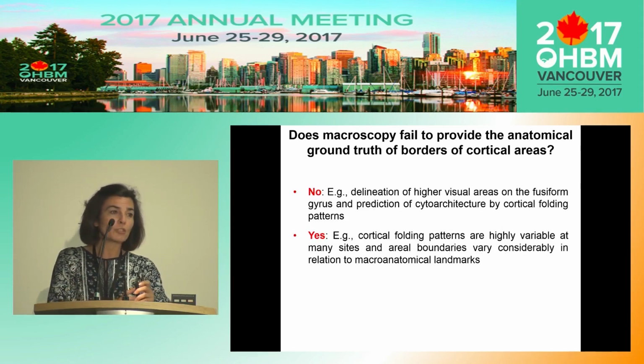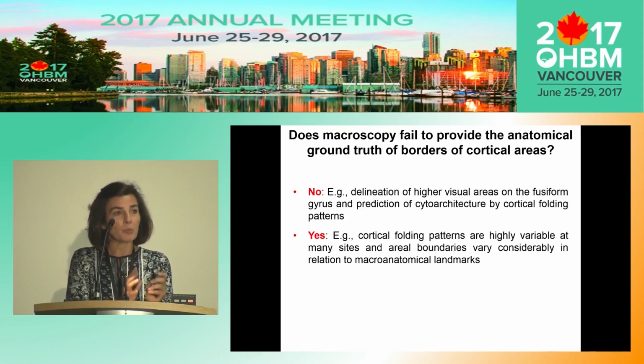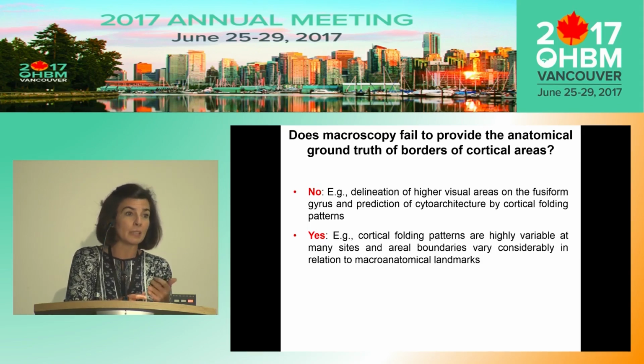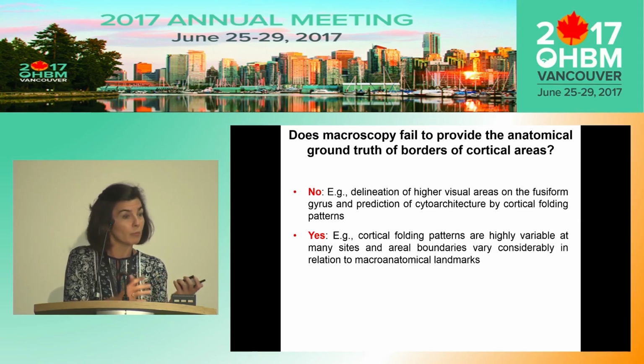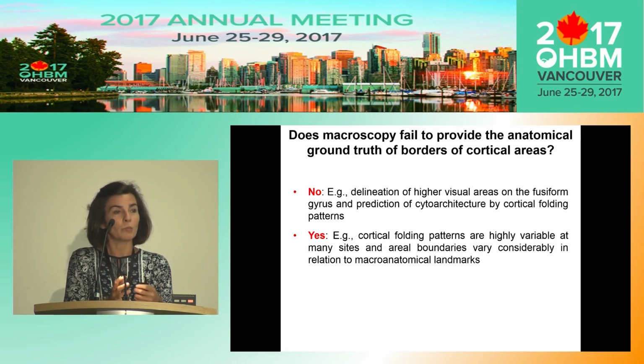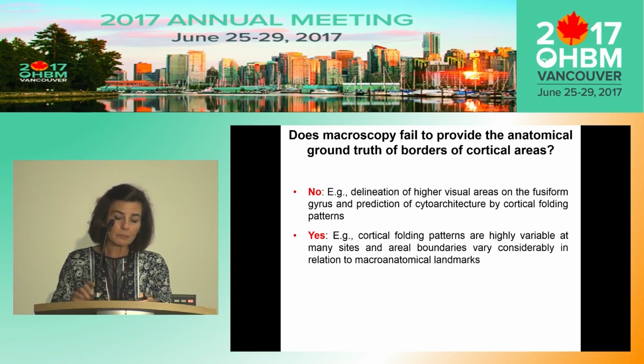So if you ask the question, is there a correlation between the position of macroanatomical landmarks and that of borders between cortical areas? The answer is yes and no. Depending on the area that you're examining, there is a correlation, maybe, or maybe there isn't. This is something that we can't state categorically a priori.